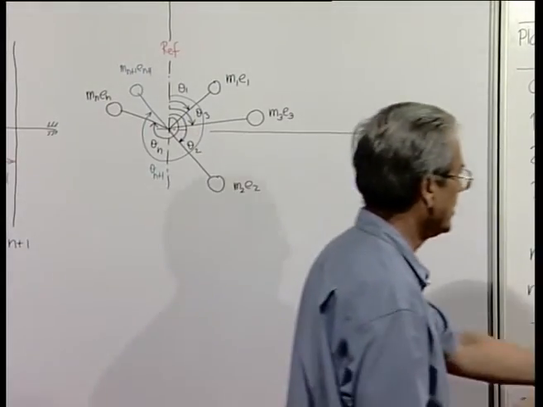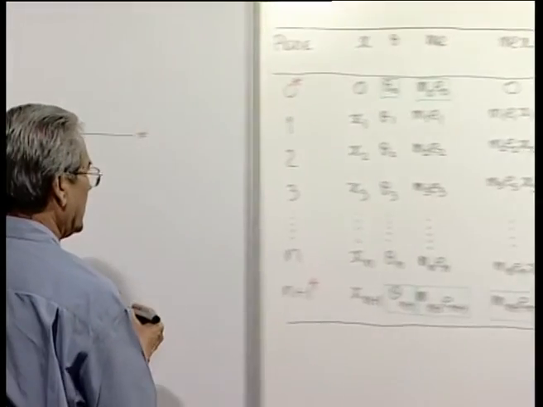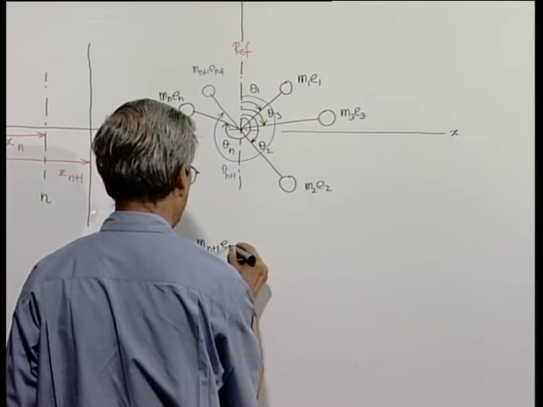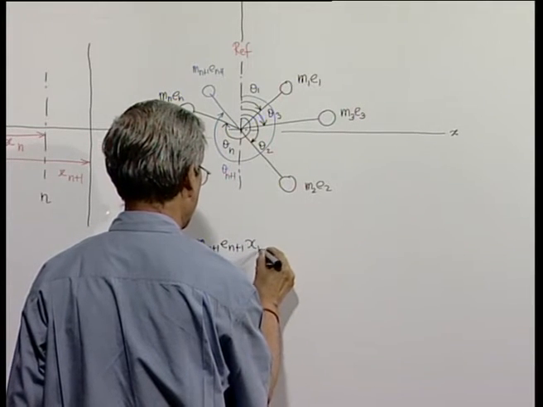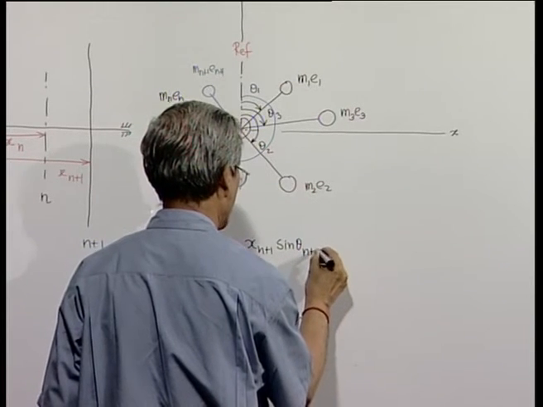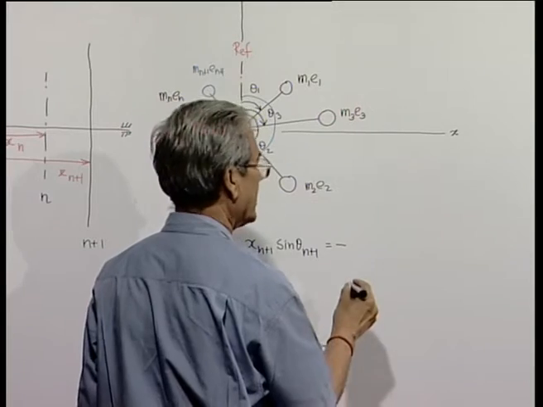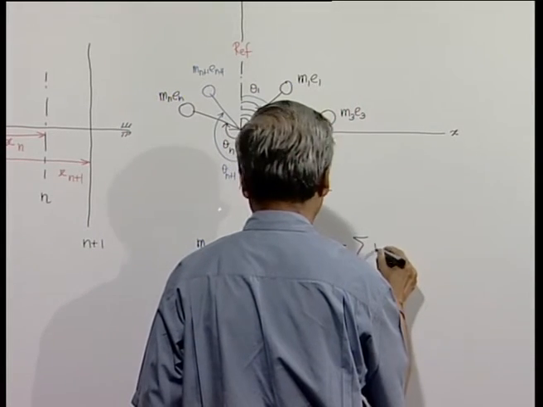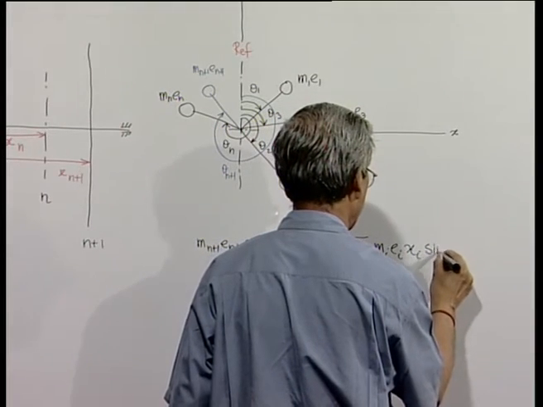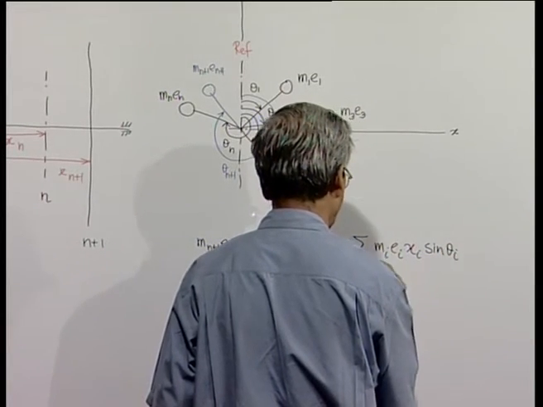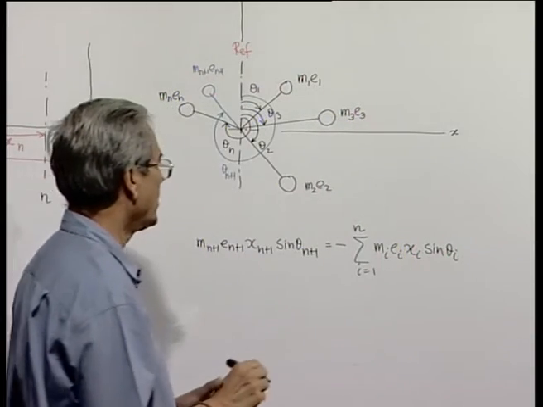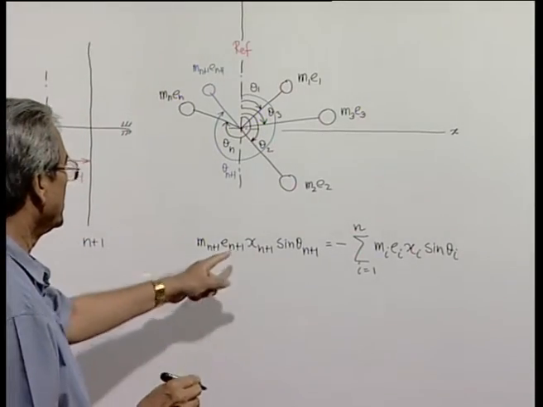So, this equation will give us that m n plus 1 e n plus 1 x n plus 1 sin theta n plus 1 is equal to minus the sum of m I e I x I sin theta I, I equal to 1 to n. All of these are known quantities. So, this is determined.